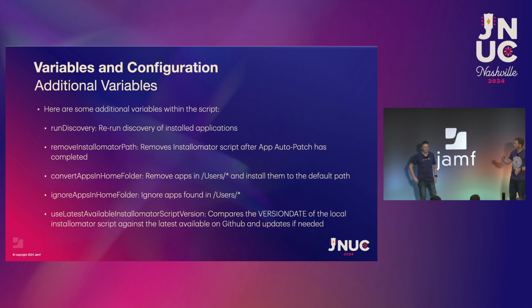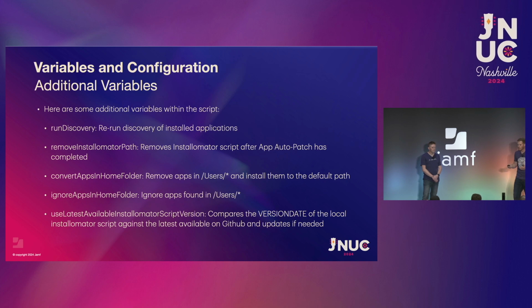So in addition to all that we've talked about, there are some other variables that can be customized and give you more control over how App Auto Patch actually runs, right? So one option, you can automatically pull in the latest script version based on the version date in Installomator, right?